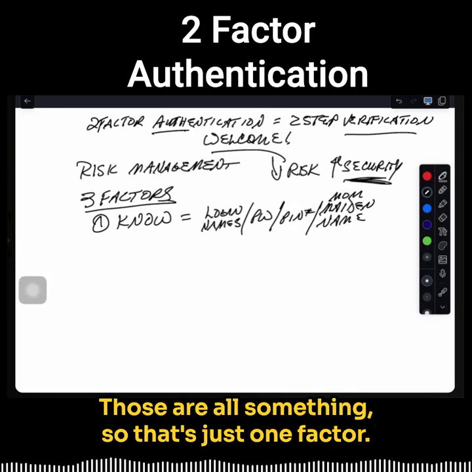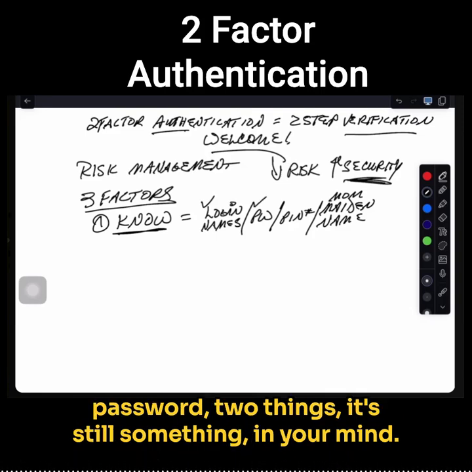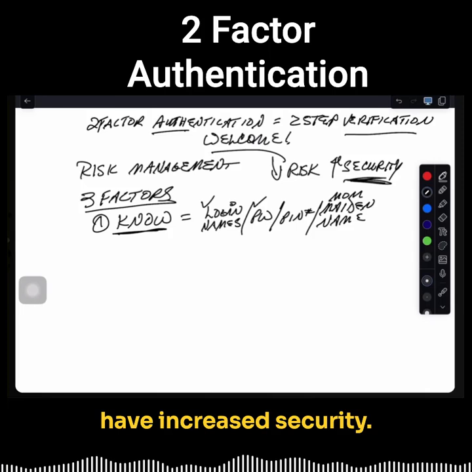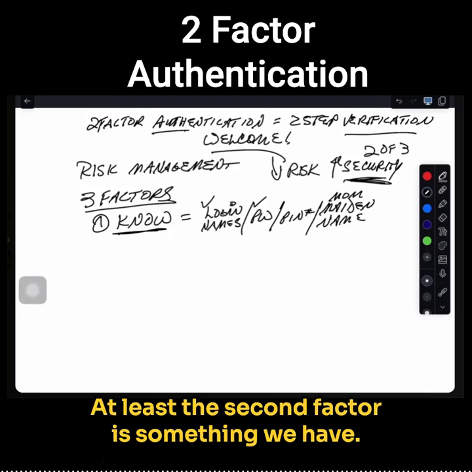Those are all something you know. So that's just one factor. Even though you might type in your login name and your password, two things, it's still something in your mind, okay? So that's still only one factor. To really have increased security, you need at least two of three factors, okay?